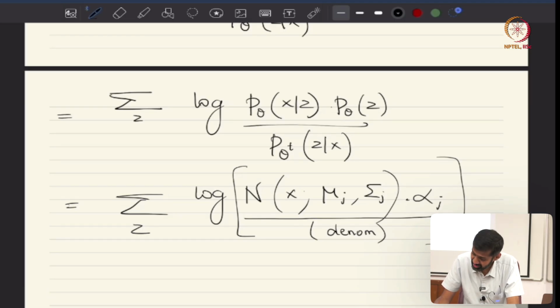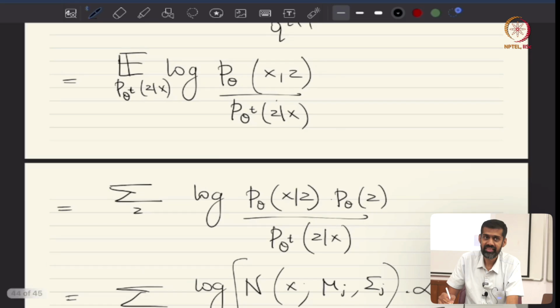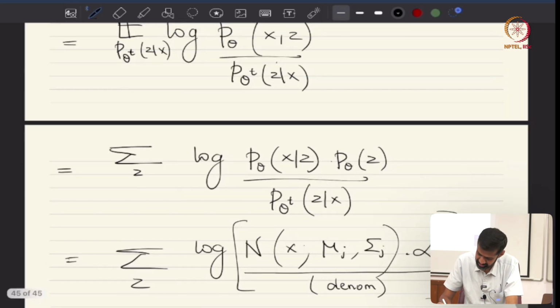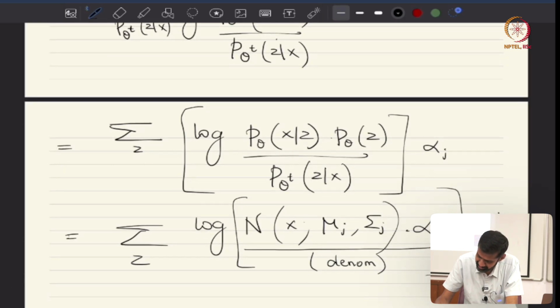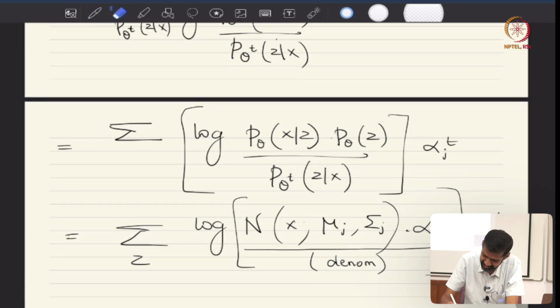This is alpha j t, because the expectation is with respect to p theta t z given x. Yeah, this entire thing is multiplied by alpha, with j equal to 1 to m.